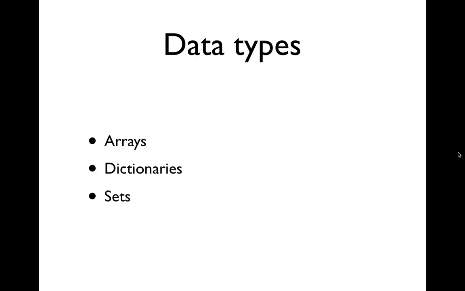Okay, so let's talk about a few data types we didn't talk about in the first few lectures. Arrays and dictionaries and sets, and the corresponding types in Objective-C, or rather in NextStep, that we use are NSArray and NSMutableArray, NSDictionary and NSMutableDictionary, and NSSet and NSMutableSet. Now, most of the time you work with something that you want to change.